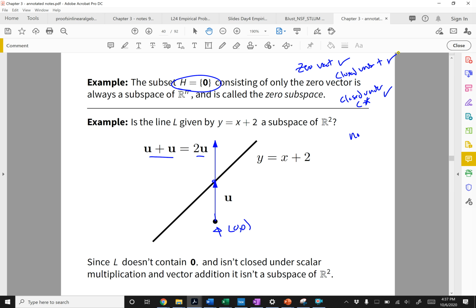So with addition and scalar multiplication, we don't end up there. Even if we called this v right here that points to this point, and u, and add them together, we're going to have some point out here that's not on that line. So we're in trouble. This is not a subspace.